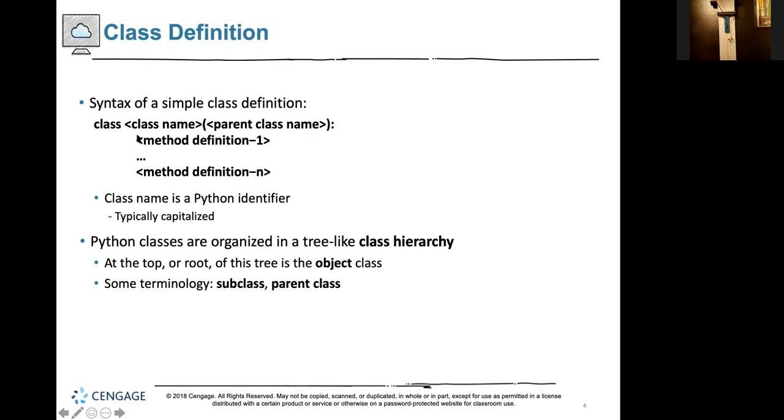And then inside it, you may define many methods that operate on the object. The class name is typically capitalized. And classes are organized in a tree-like class hierarchy. This is the hierarchy we're talking about, the inheritance of object-oriented programming. You have inheritance, you have polymorphism.